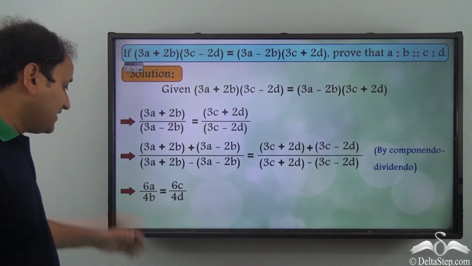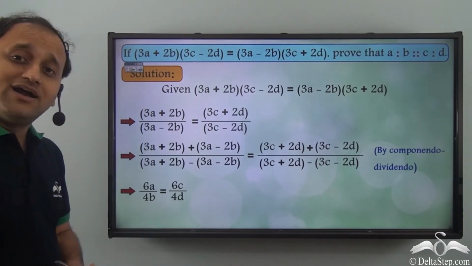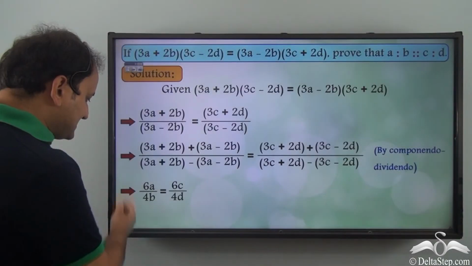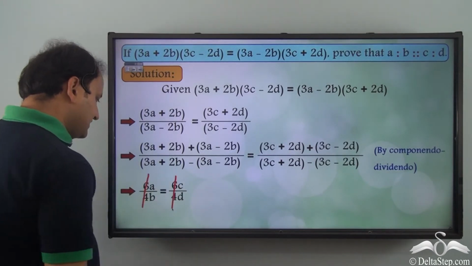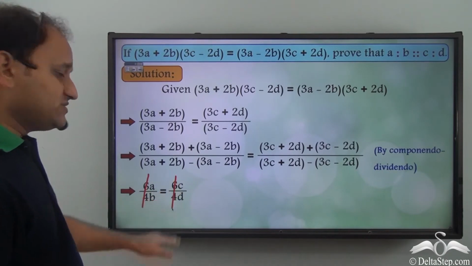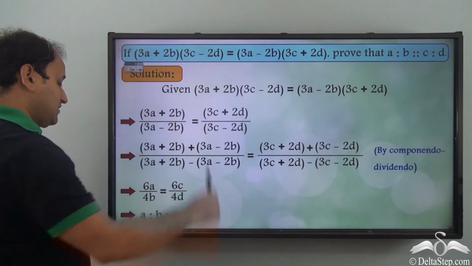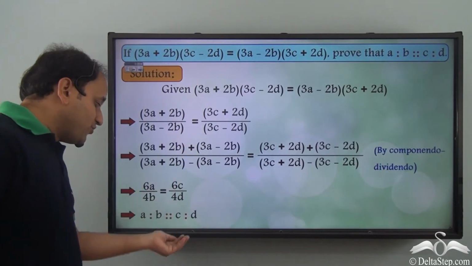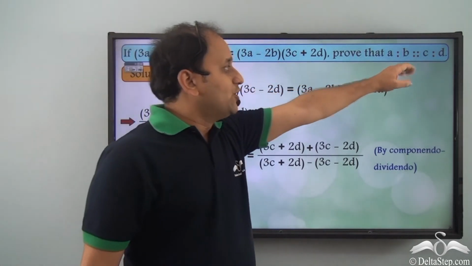So what do we get? 6a by 4b is equal to 6c by 4d. Now 6 by 4 is common on both the sides, so we can cancel it out. So what are we left with? a by b is equal to c by d, which can be written as a is to b is proportional to c is to d, and that's what we needed to prove.